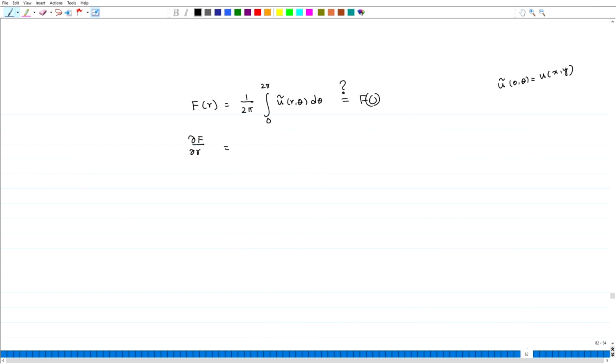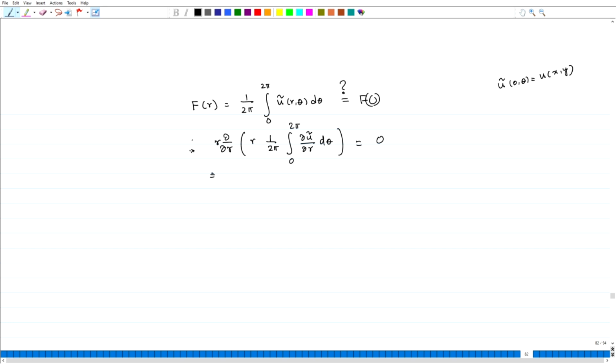Now, simply from this we can get that r can be pulled out from the last expression, so this is equal to r times 1 by 2 pi integral 0 to 2 pi of del u tilde by del r d theta. This is equal to the integral of del square u tilde by del theta square, which is a 2 pi periodic function, so this is going to be equal to 0.